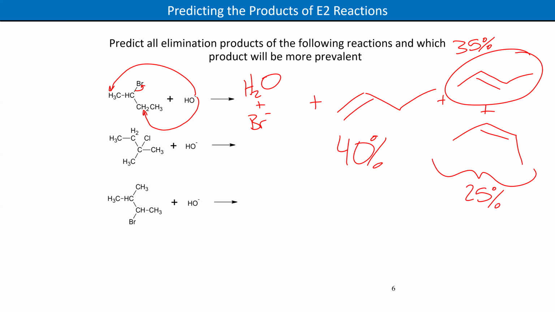And then if we're really splitting hairs, we'd say, okay, now we're in a gray area because we don't know exactly what these numbers are gonna be. It's gonna be very dependent on the conditions and what the leaving group is and what we started with, et cetera. So I don't expect you to be able to come up with these numbers off the top of your head.